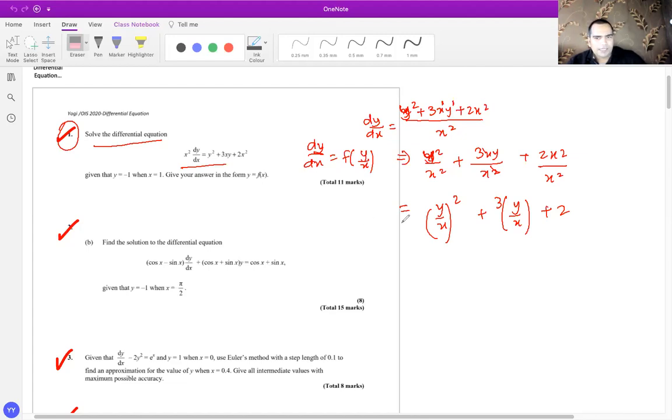So you can see that I could write down the derivative as a function of y over x. And this is the main specific feature of a homogeneous differential equation.